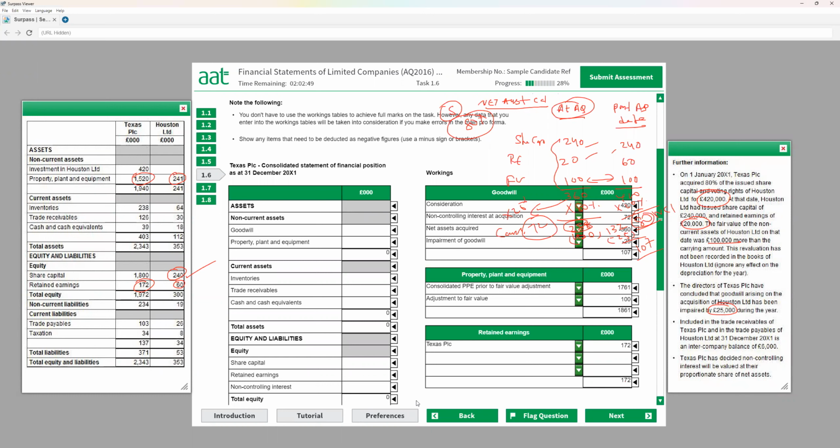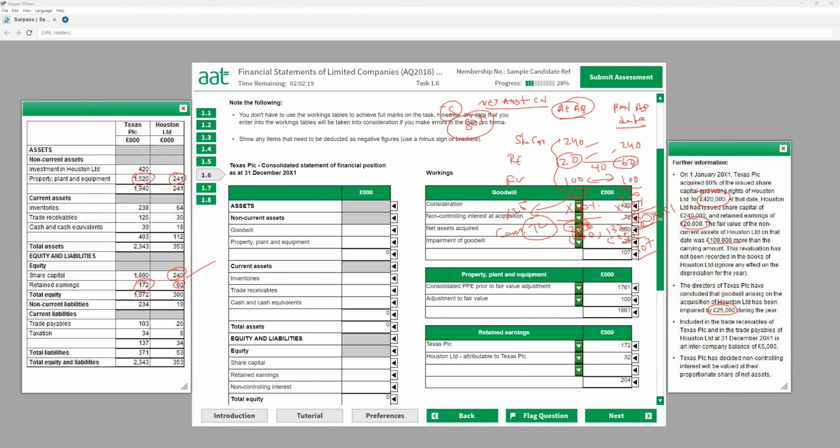And the difference from the subsidiary is 32. Let me show you how we get 32. The day I bought the subsidiary, their retained earnings were 20. And after one year, at the end of the year, 60. So during the year, actually, they made 40.